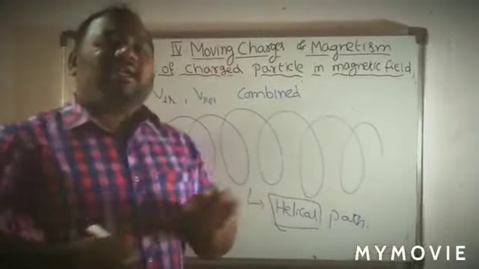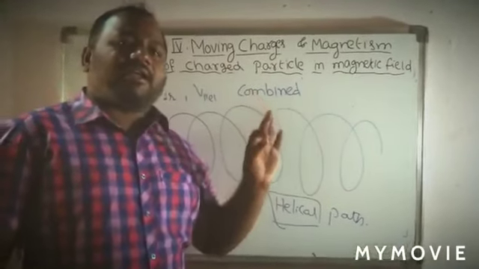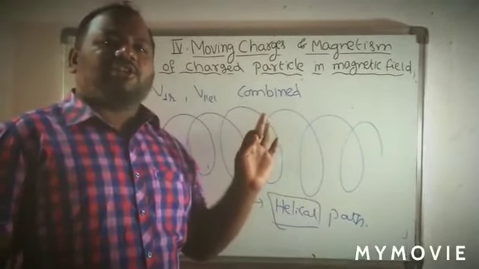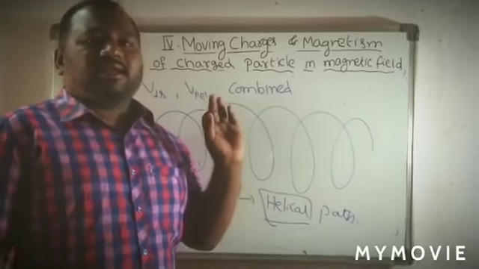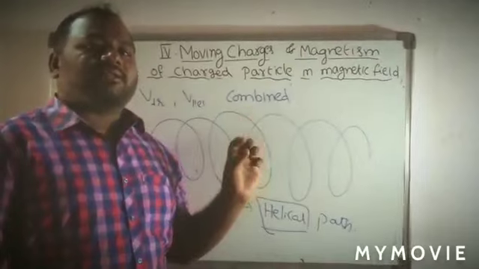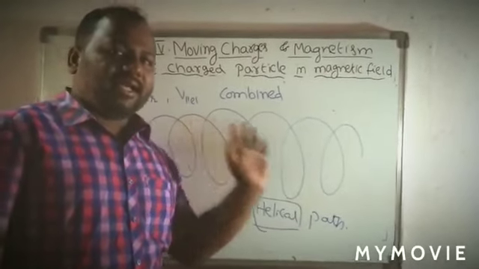So finally, if you take the perpendicular component of velocity, the path of the charged particle is a circle. If you take the parallel component of velocity, the path is linear.